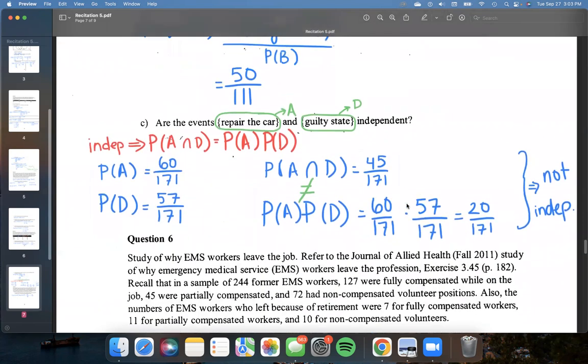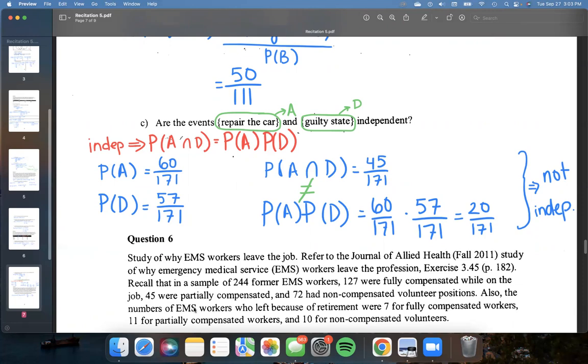Okay, question 6. Study of why EMS workers leave the job. Refer to the Journal of Allied Health, study of why emergency medical service EMS workers leave the profession. Recall that in a sample of 244 former EMS workers, 127 were fully compensated while on the job, 45 were partially compensated, and 72 had non-compensated volunteer positions.